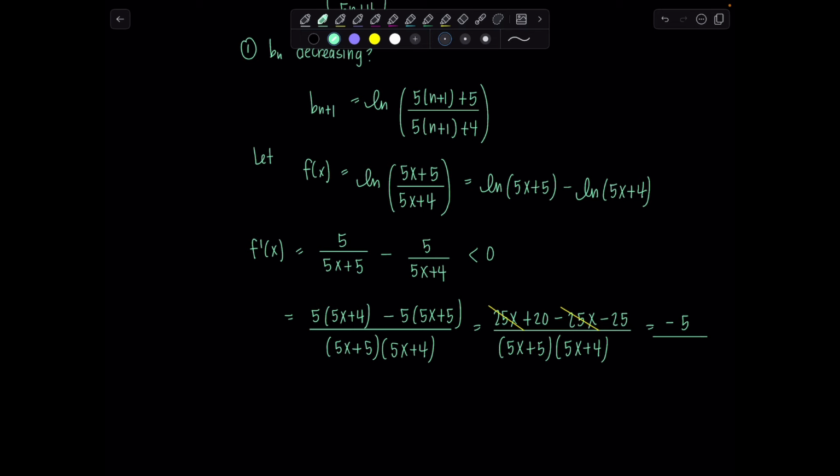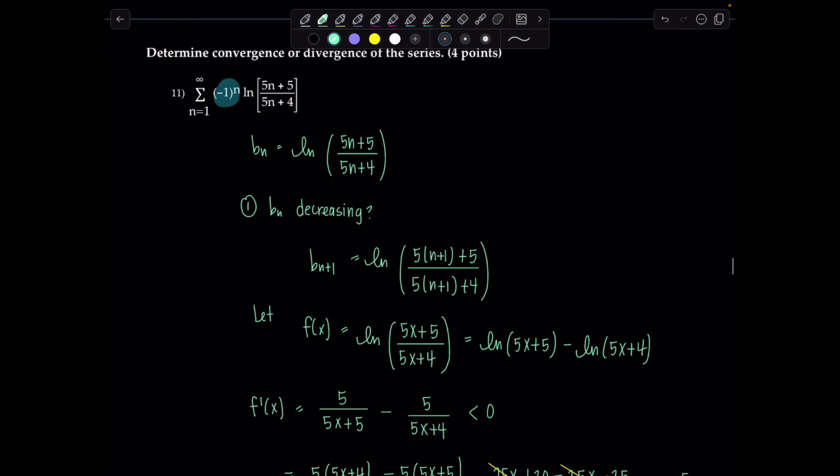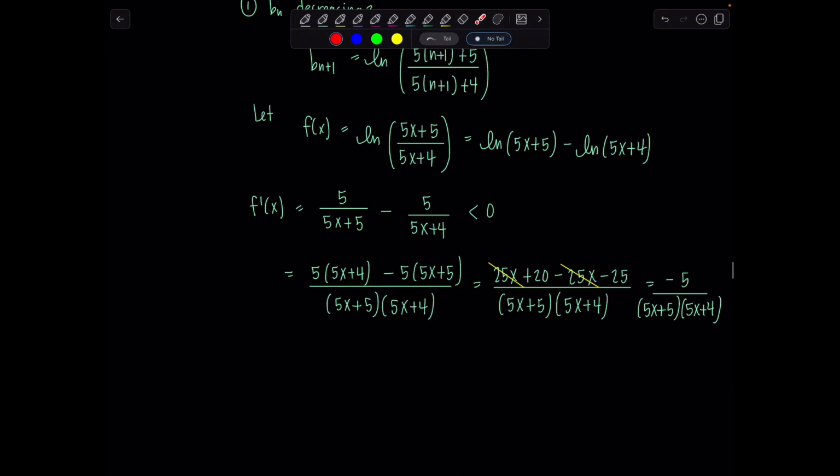In the denominator, we've got (5x plus 4)(5x plus 5), but x will only take on the values that n takes on here, from 1 to infinity. So I have no worry that this will be negative because we're only plugging in from 1 to infinity. And since I have a negative in the numerator, for sure this is less than 0. So at long last, we can say f is decreasing, which then means b_n is decreasing.